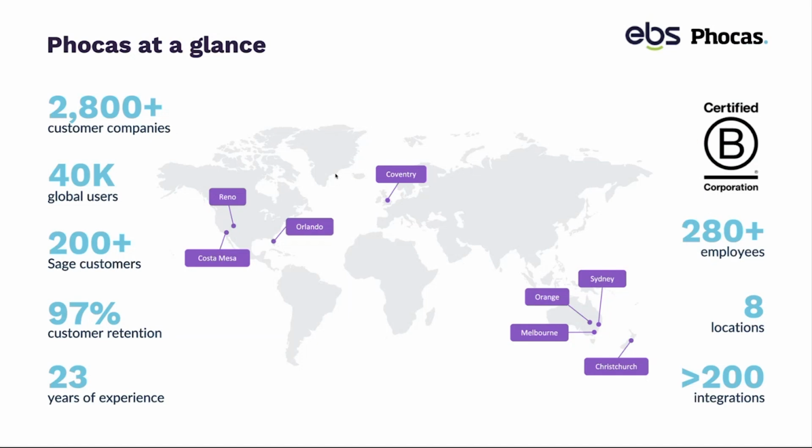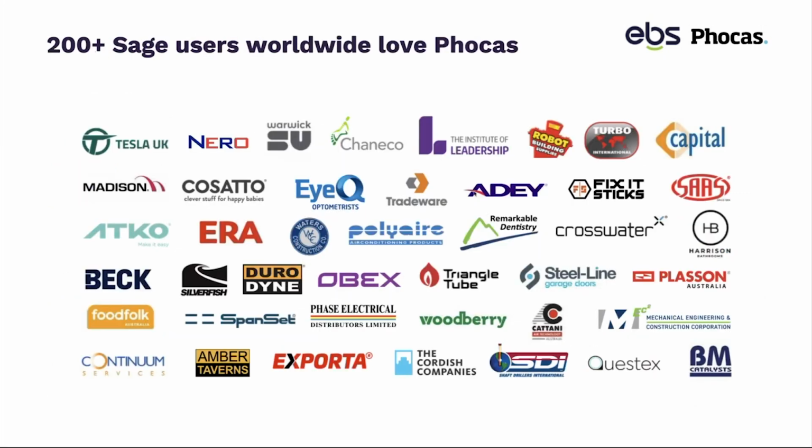We are B Corp certified, so we do place a lot of emphasis on our environmental impact. We've got over 2,800 customers, over 200 Sage customers, and we've got offices worldwide. In terms of our Sage customers, we've got lots of customers across a range of different industries and verticals, all utilizing Phocas to ultimately help them get through their challenges and streamline a lot of their processes.